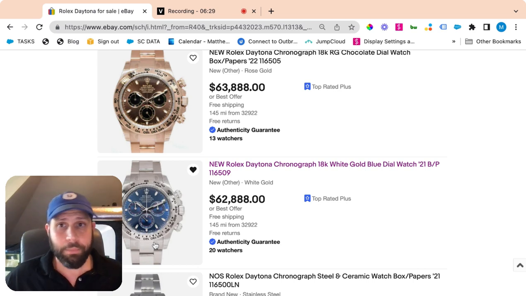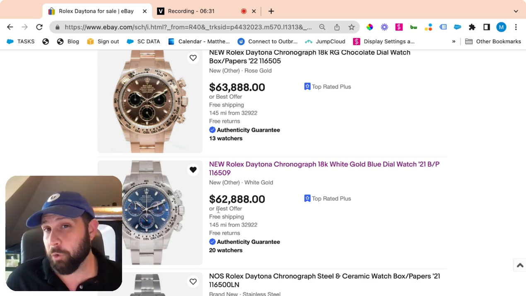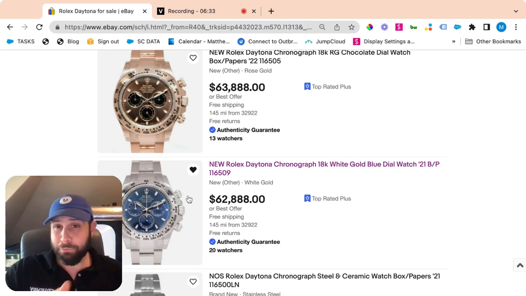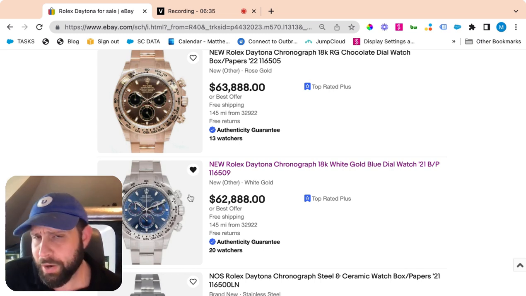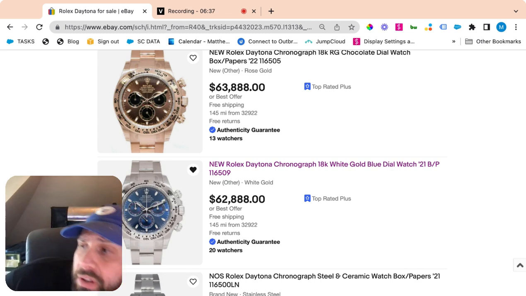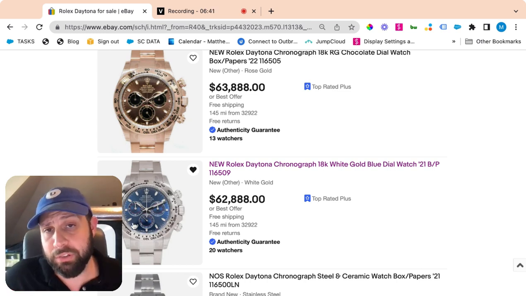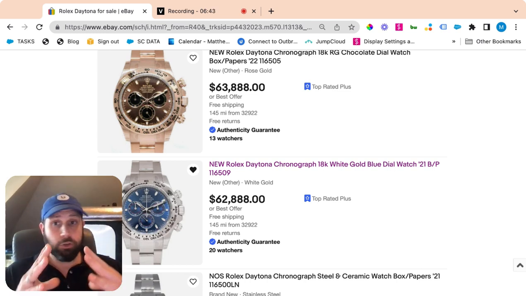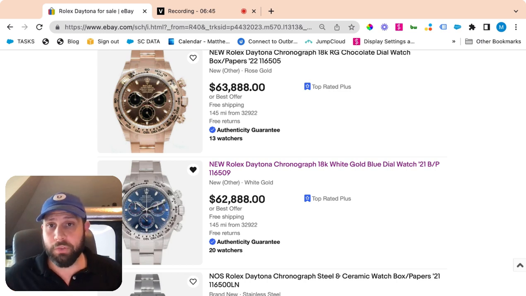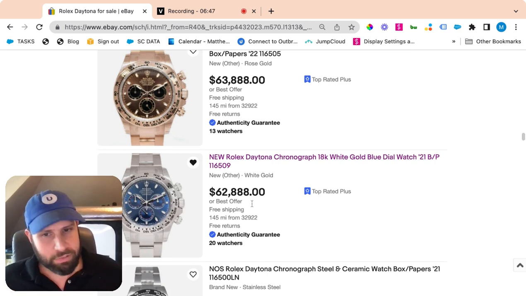That's my price because I know I would never be able to sell it for more than 43. Wholesale probably 40. So I want to make at least 5% after fees, if there are fees to begin with. So absolutely, I want to buy this watch for 38,000. That's me. If you're using WatchQuant, you would also know that. But if you're using eBay, let's make an assumption here that 62 might be one of the best prices you'll see.